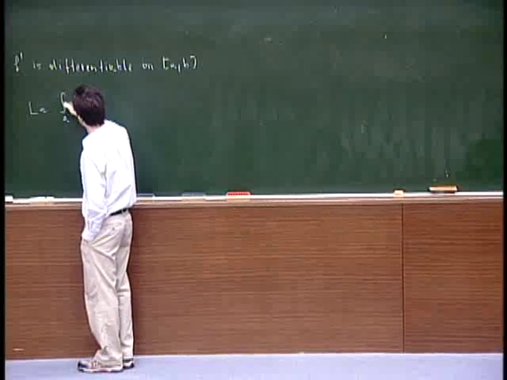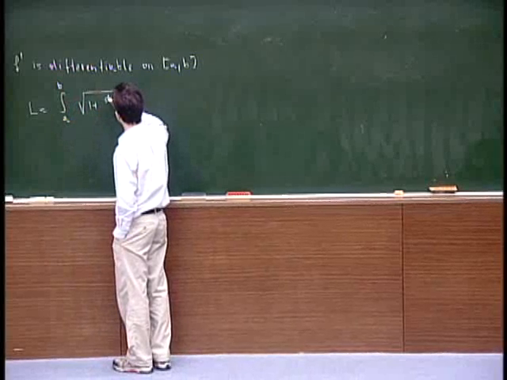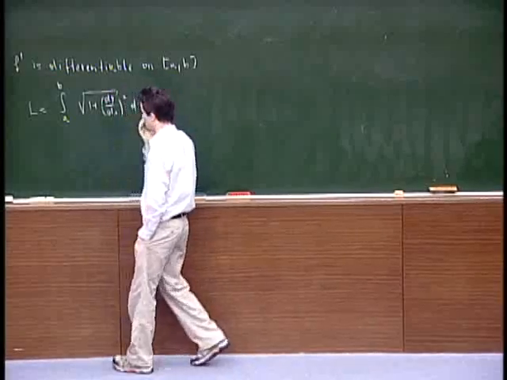This arc length can be computed by the integral of the square root of 1 plus (dy over dx) squared, dx.